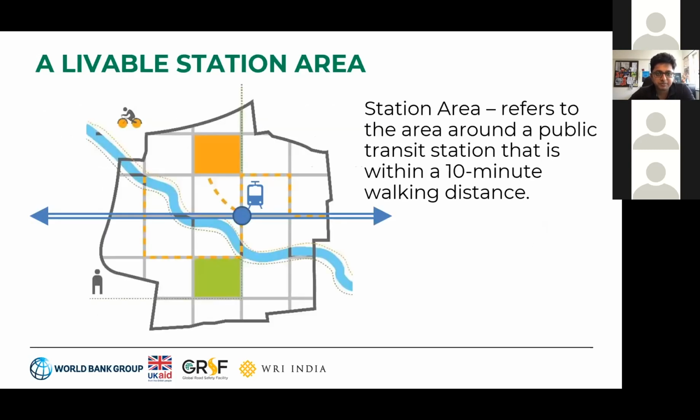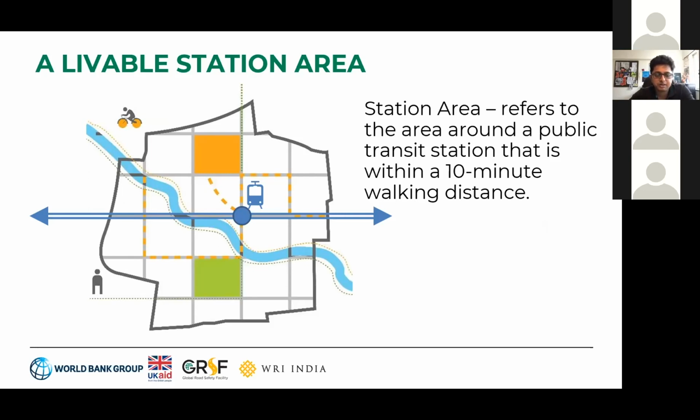Next slide, Abhishek. Before we start with the details of the activity, it's for all of us to be on the same page about what a station area is. A station area basically refers to the area around a public transit station that is within a 10-minute walking distance, and this radius could range from about 750 meters to a 1 kilometer radius from a given mass transit station.